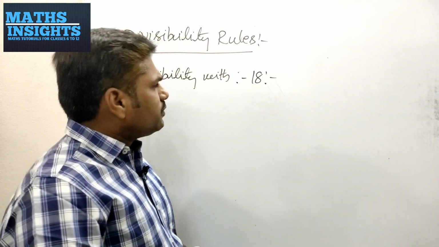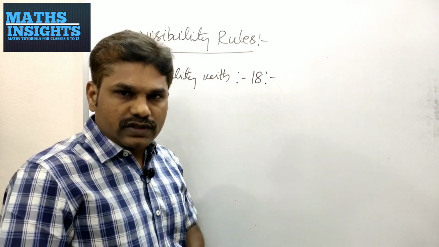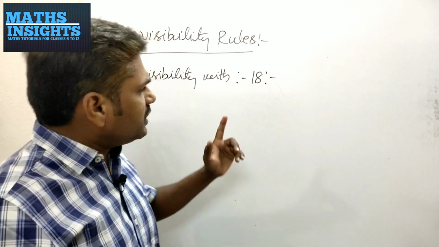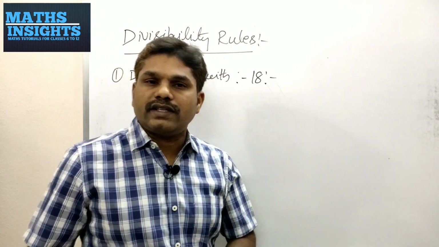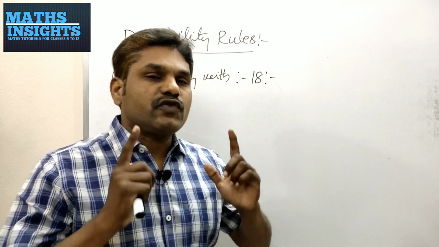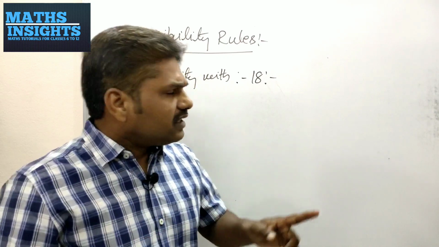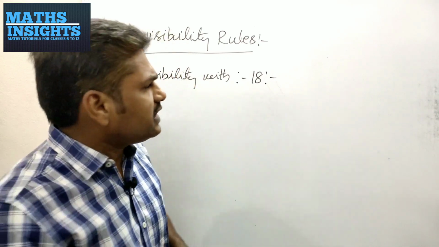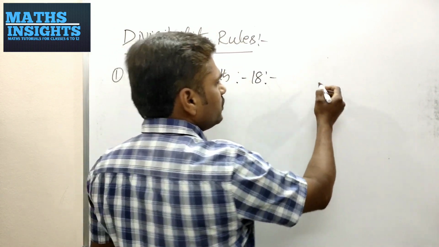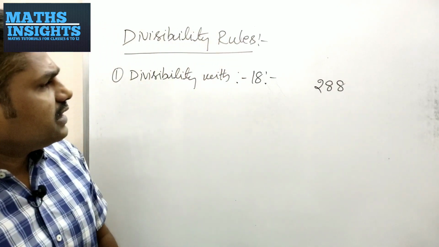If you want to check whether any number is divisible by 18 or not, it should be an even number first. If it is not even, straight away you may say that the number is not divisible by 18. If it is even, then you have to check whether it is exactly divisible by 9 or not. If it is exactly divisible by 9, then the number will also be divisible by 18. For example, take 288.